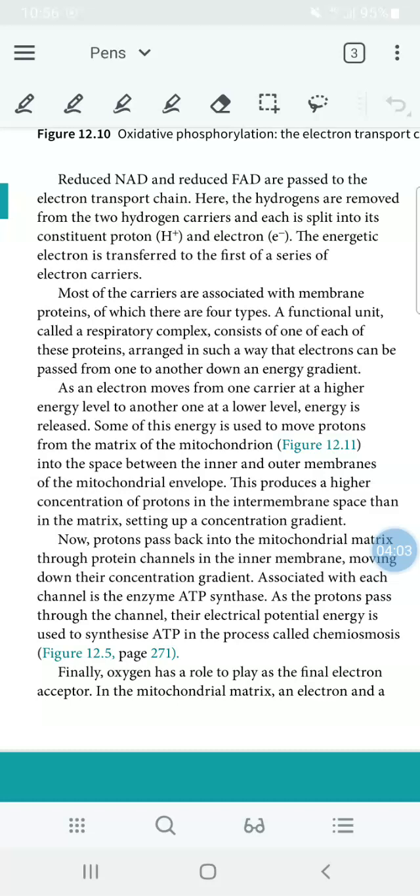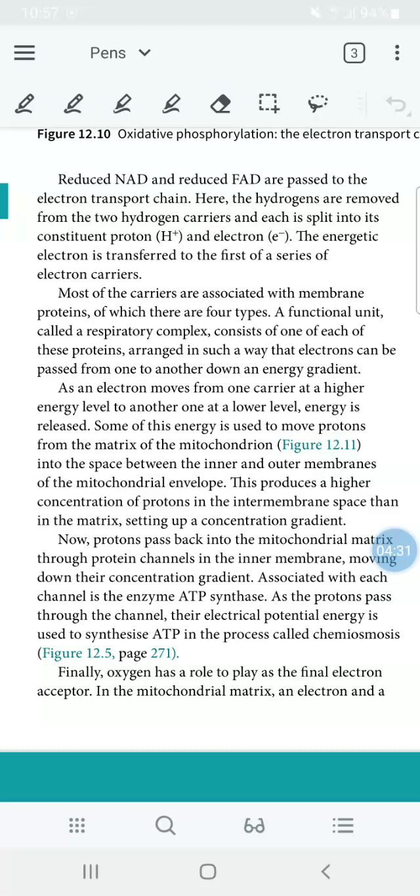Don't confuse it with the hydrogen carriers, okay? Most of the carriers are associated with membrane proteins, of which there are 4 types. A functional unit called a respiratory complex consists of one of each of these proteins, arranged in such a way that electrons can be passed from one to another down an energy gradient.